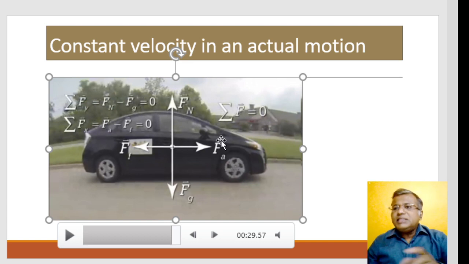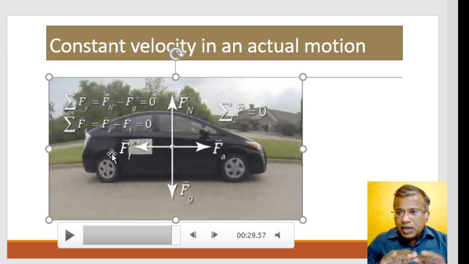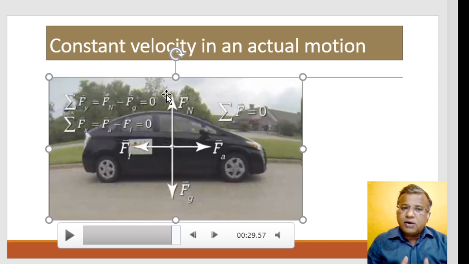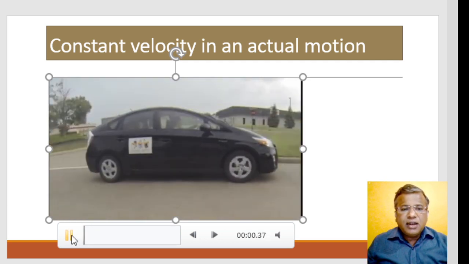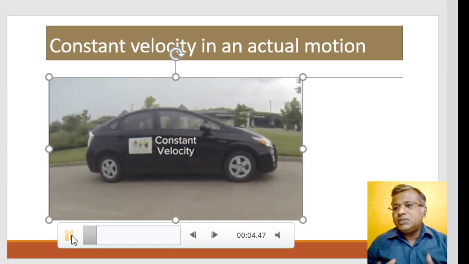The applied force is not more than the frictional force, so you have a balance of horizontal forces. The weight acting downwards is equal to the normal reaction acting upwards, so the vertical forces are cancelling each other and the horizontal forces are cancelling each other. In such a situation, the car basically moves with which velocity? Constant velocity.